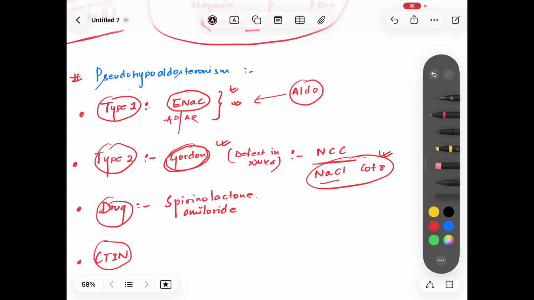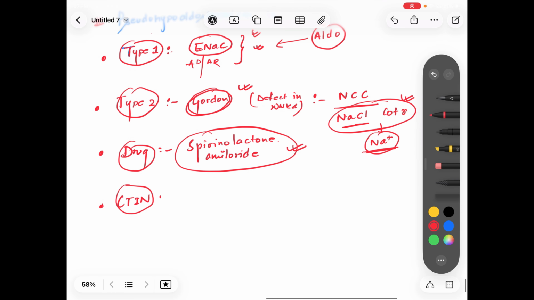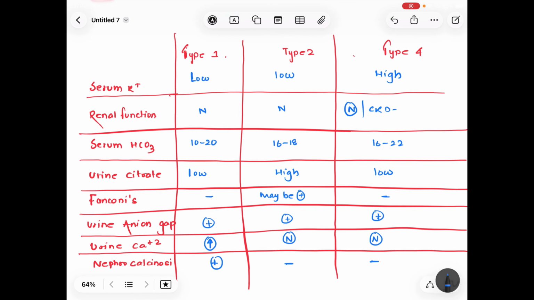There is a defective sodium chloride co-transporter. Because of this there is increased sodium in the lumen, and the mechanism we have already discussed. The drugs which can cause this are spironolactone or amiloride. And the fourth one is CTIN. It is actually chronic tubulointerstitial nephritis. In this the aldosterone is.